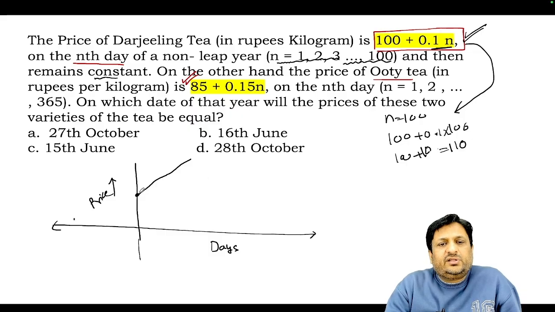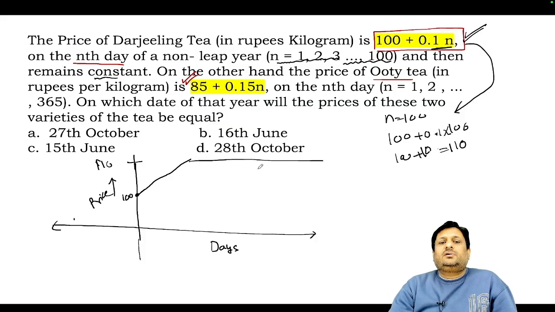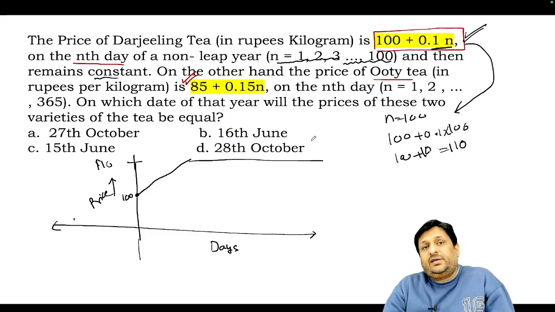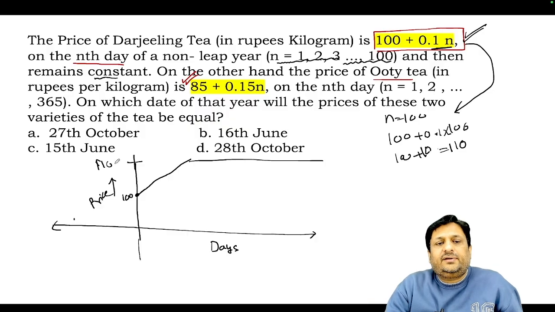So it will keep on increasing from 100 till 110, and then it becomes constant. After the 100th day, on the 101st day, 102nd day, the price will be 110 only. So this is the graph of Darjeeling tea.